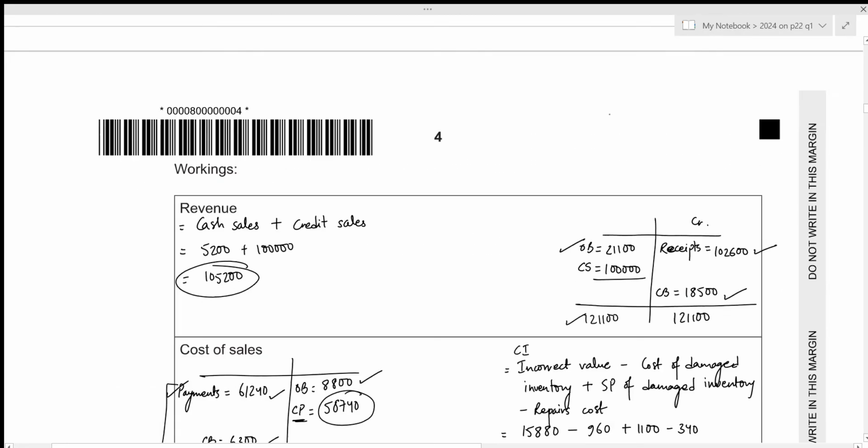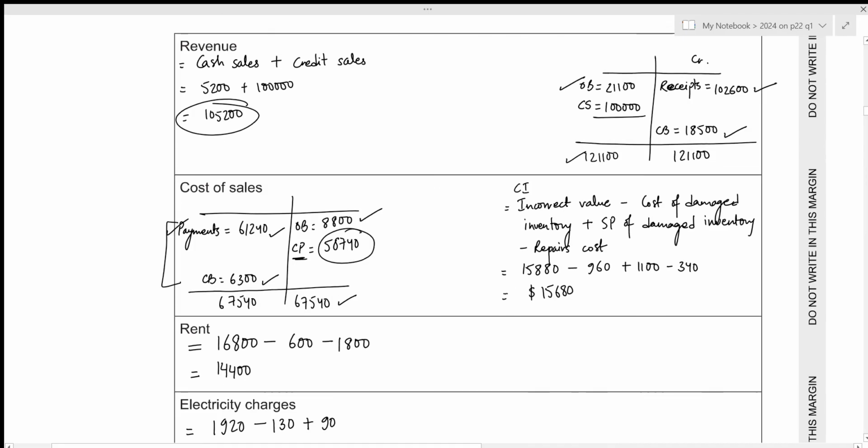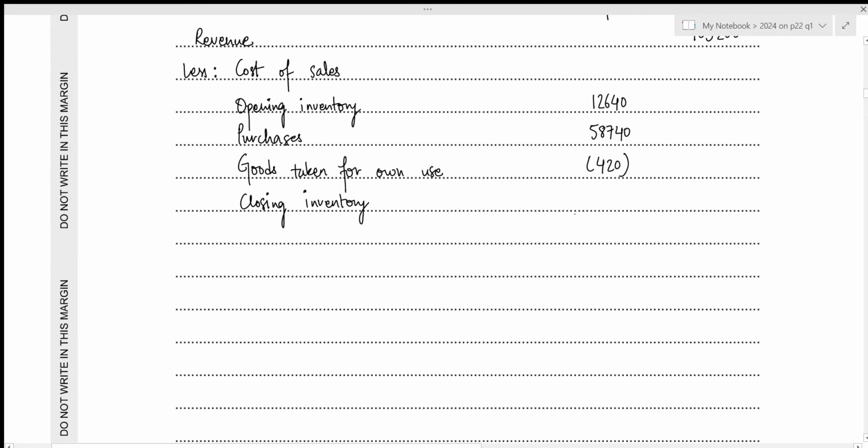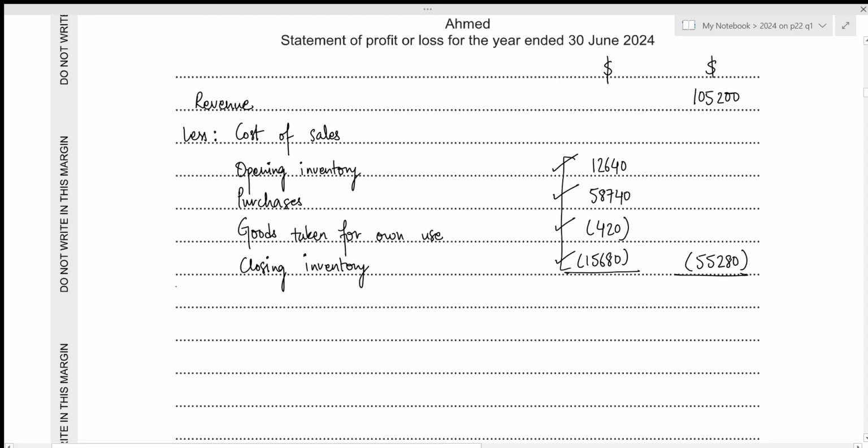Then we have calculated the correct value for our closing inventory, which is 15,680. Then we need to calculate the total for our cost of sales. That will be 12,640 plus 58,740 minus 420 minus 15,680, which results in the value of 55,280. Then we need to subtract this amount from our revenue so that we get the value for the gross profit.